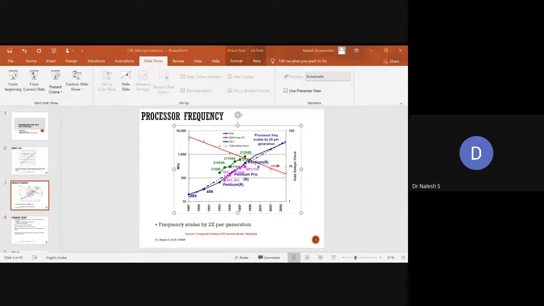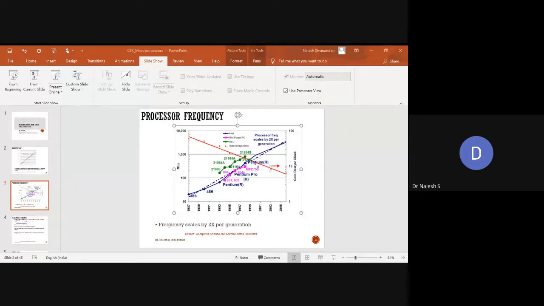The microprocessor had just 2300 transistors, operating in the range of 400 to 800 kilohertz, with a 4-bit word size and some pin package. And this was the architecture. I think you have already studied microprocessors, so you know the basic architecture. You have the ALU, which just does the computing. Then you have control, which does all the controlling part.